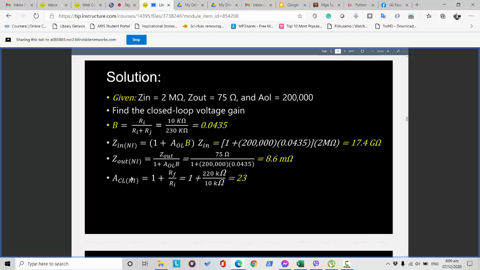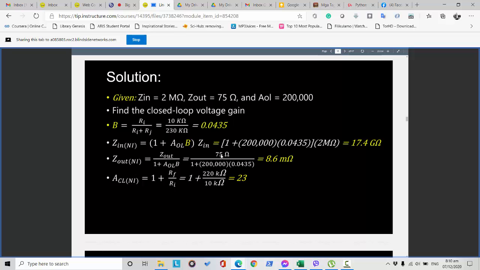Actually we can straight away compute for what we are looking for here, which is the closed loop voltage gain, but we need to compute also the input impedance and the output impedance as given here.